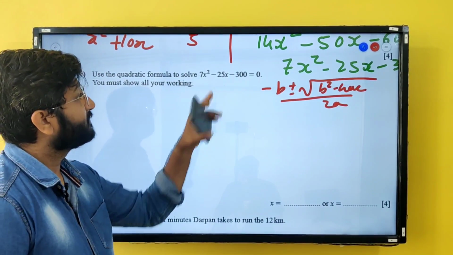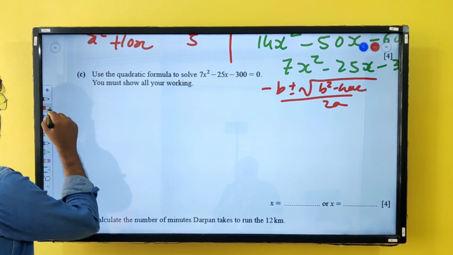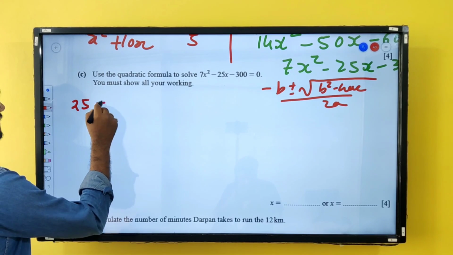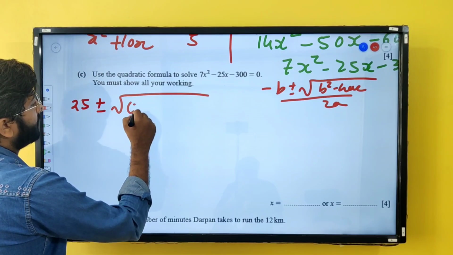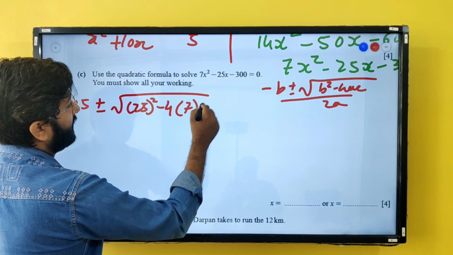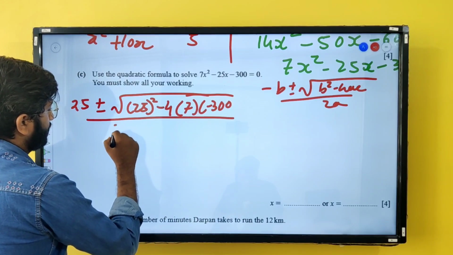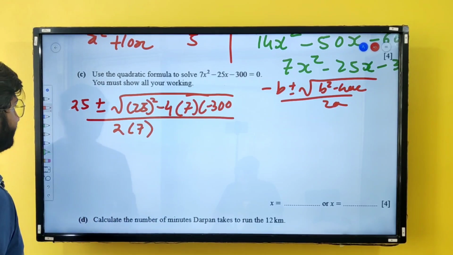My a is 7, b is minus 25 and c is minus 300. So minus of minus 25, which is 25, plus or minus root of b square minus 4ac, upon 2a.